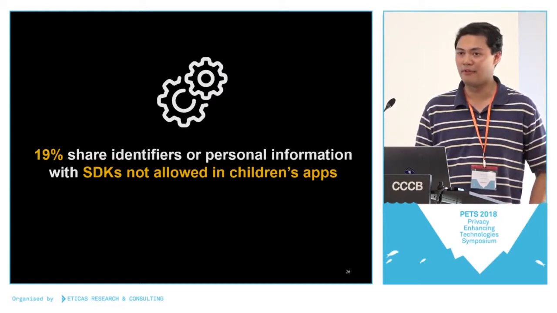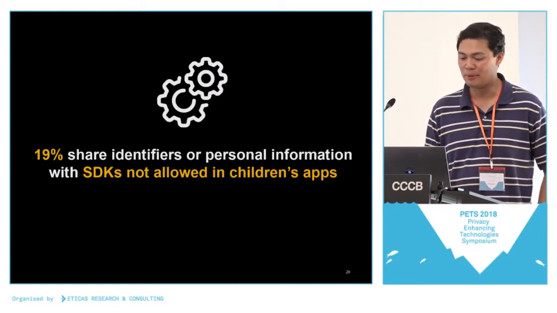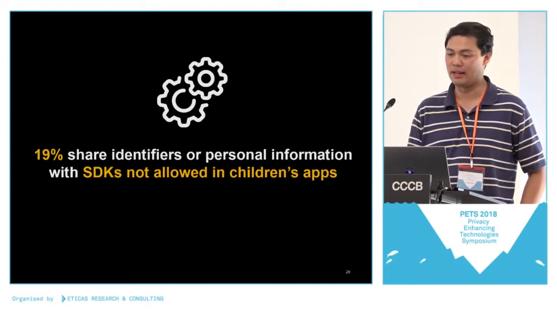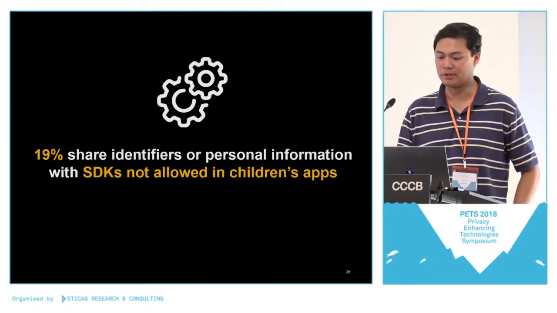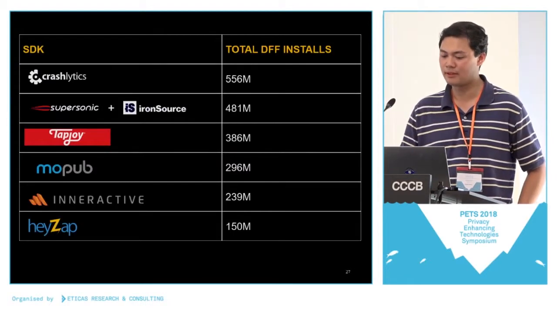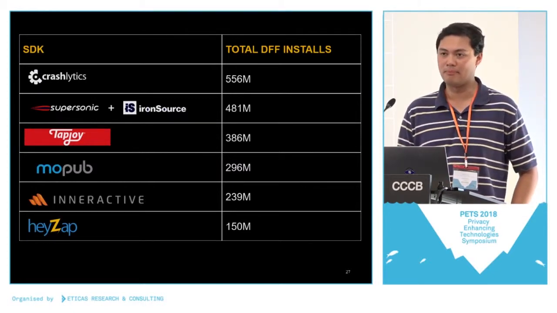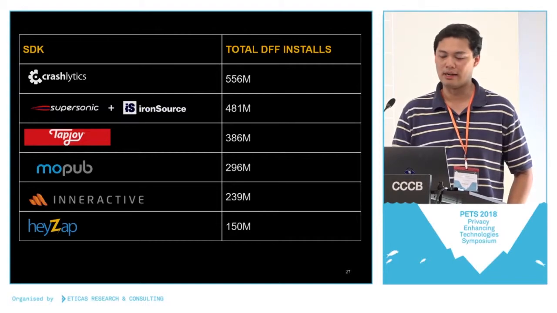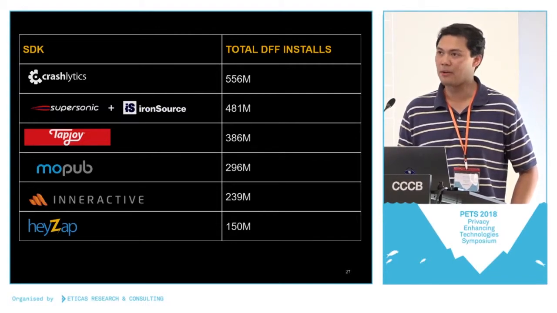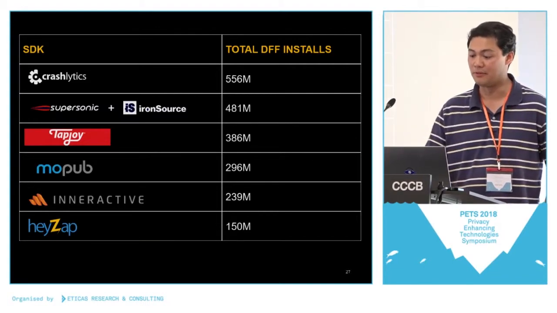Now, remember that DFF is an opt-in program. Developers went out of their way to represent that their games are meant for users under 13 years of age. Still, these verboten SDKs can be found in many self-declared DFF apps, which in aggregate accounted for hundreds of millions of installs.